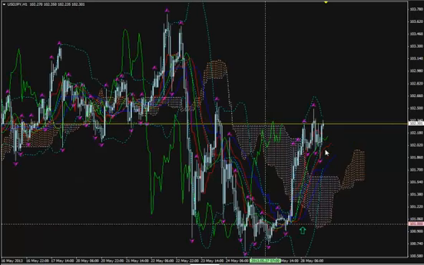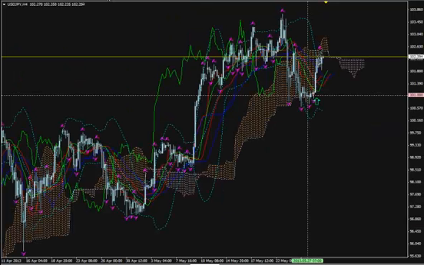H1, we see Bollinger Bands contracting, we expect sideways movement for a while and then a strong breakout, and leading alligator shows the direction of the trend. Although leading Kumo is bullish, it hasn't given us a sharp edge pointing upwards yet. Alligator is more sensitive and it shows the directional biases of the market. H4 chart.